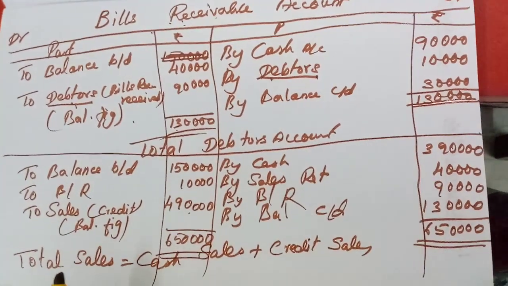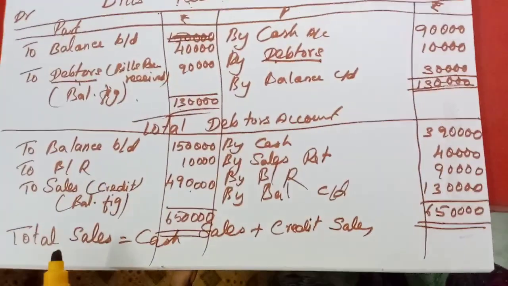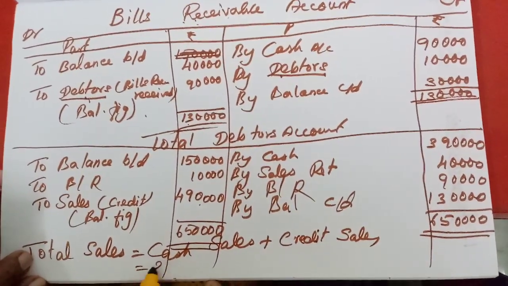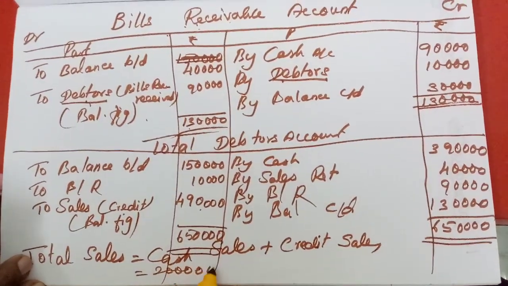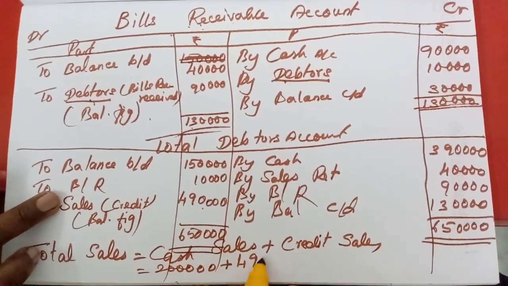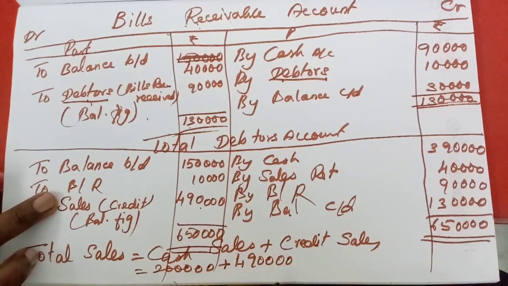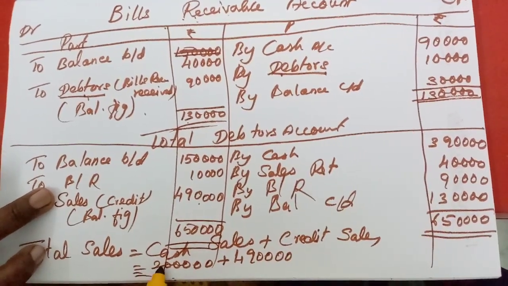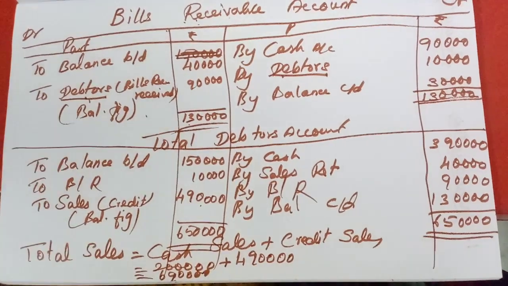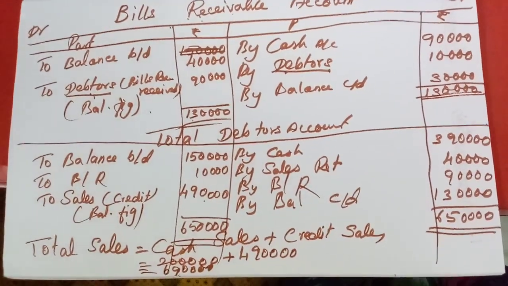How much is the cash sales? Cash sales 2 lakh plus credit sales we have calculated, 4,90,000. So 6,90,000 is the answer. That is the total sales.